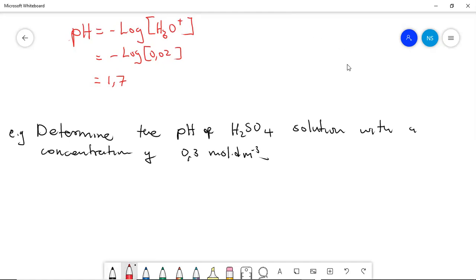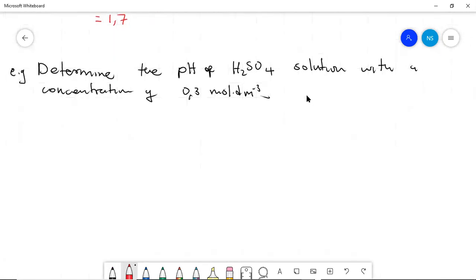So one thing that we need to acknowledge here is that H2SO4 is a strong acid, right? And we know that if it's a strong acid, it ionizes almost completely to form a high concentration of hydronium ions. And we see that from this.